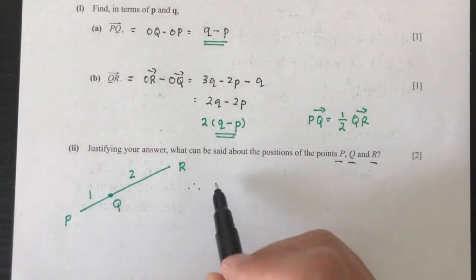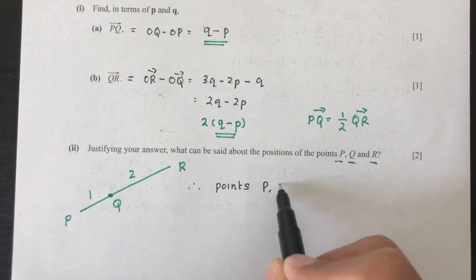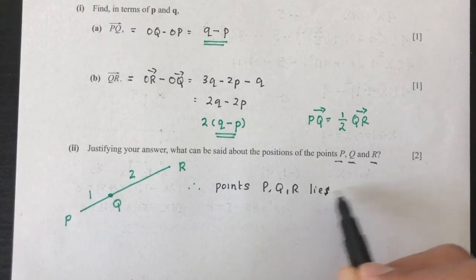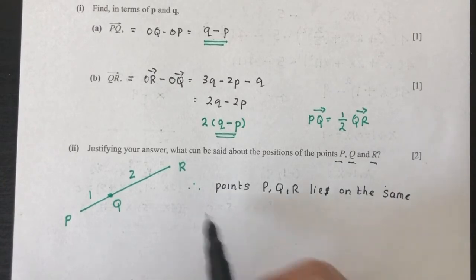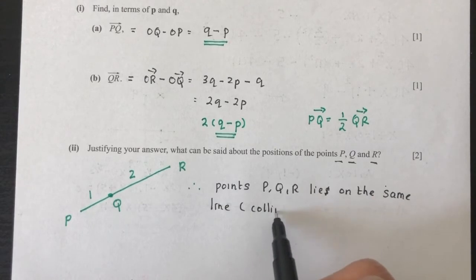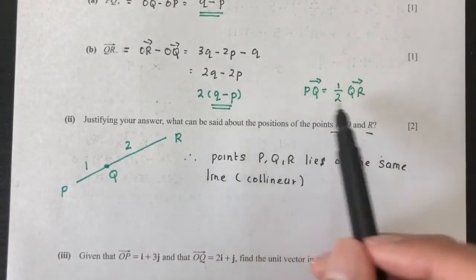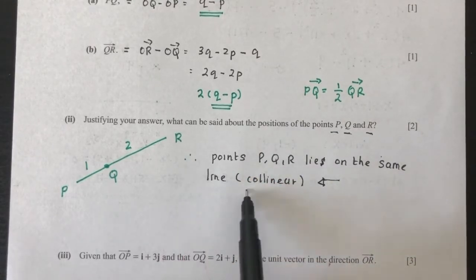You can say that the points P, Q, R lie on the same line, or that is called they are collinear, right? Collinear. You can say that. Also, you can say they are in the ratio of this. But this is the main point. They are collinear. That will be your 2 marks.